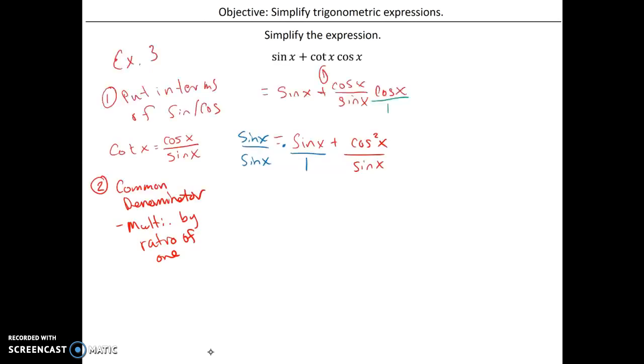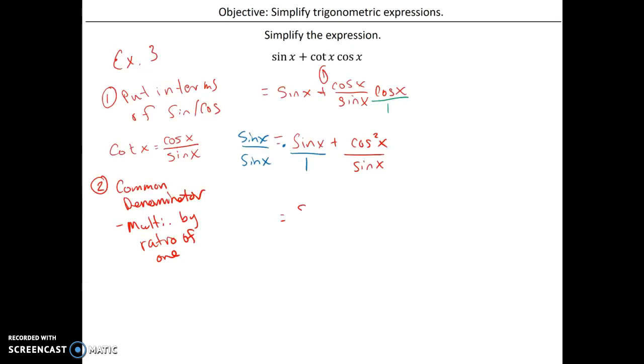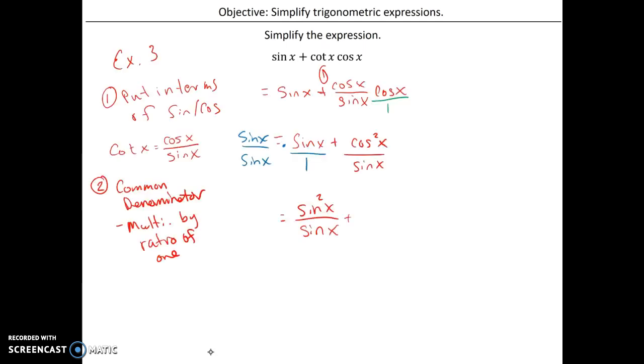And what I get is sine of x times sine of x, which is sine squared x, over sine of x, plus cosine squared x over sine of x.